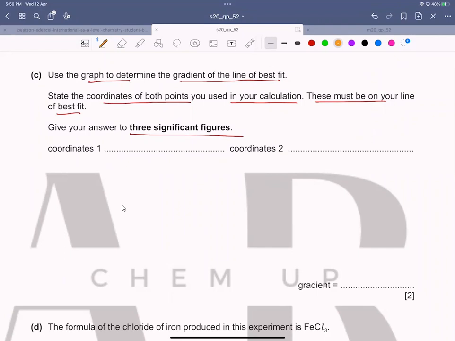Yes, can anybody tell me? Hanna, Ahmad? Sir, we can use the first coordinate as the last value of the table and the second as 0, 0, because the line passes through the origin. Okay.